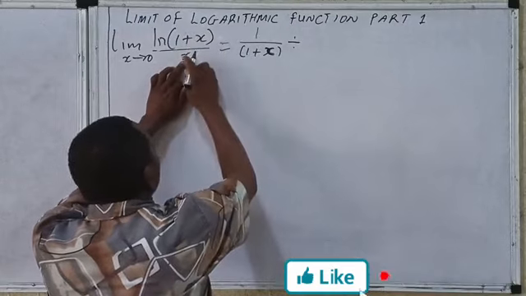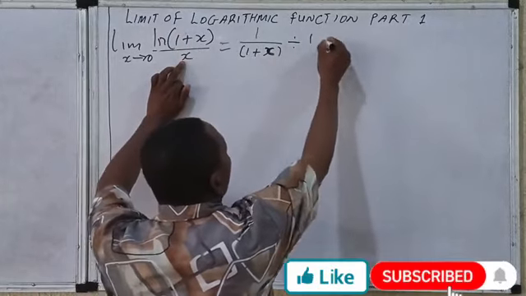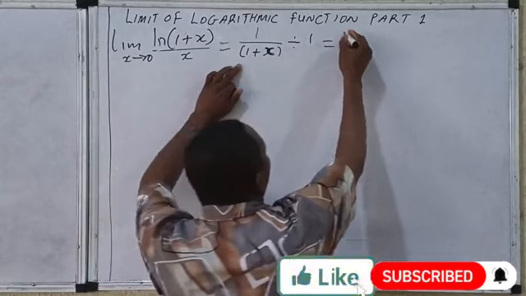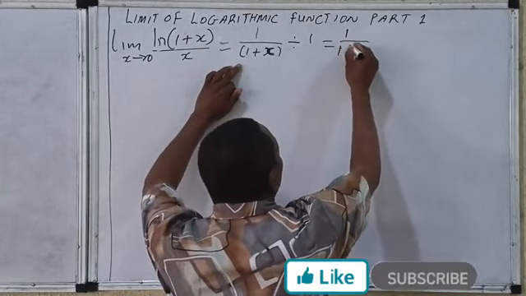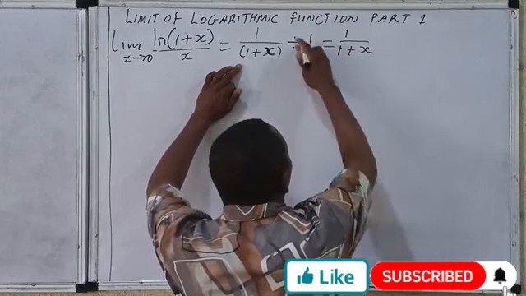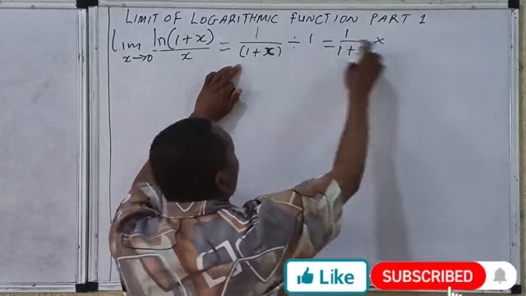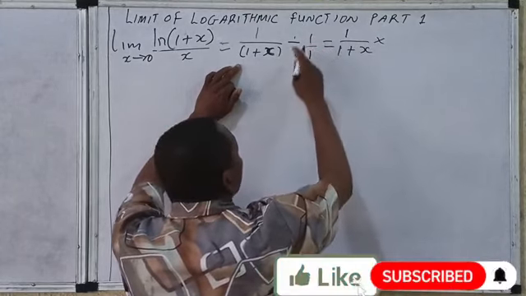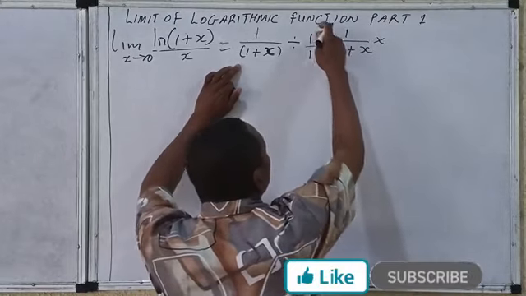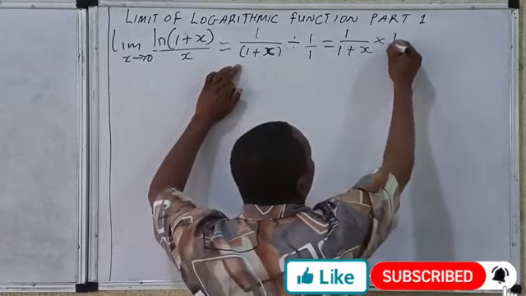This sign is divide. If you differentiate it, you have 1. So I can rewrite this as 1 all over 1 plus x, now times, if you want to change this sign to multiplication, this is actually 1 over 1. So if I make this the numerator and this the denominator, I'll still have 1 all over 1.